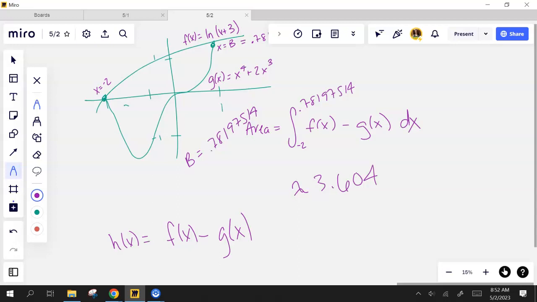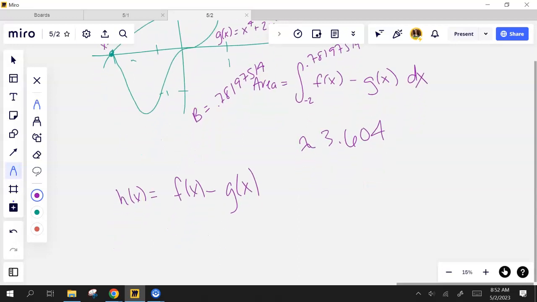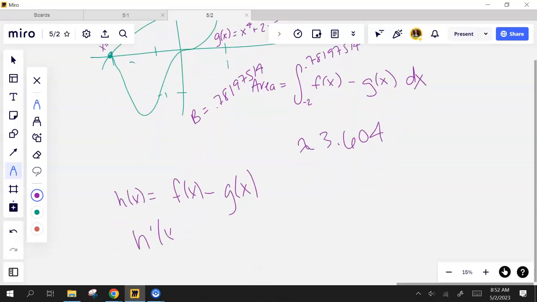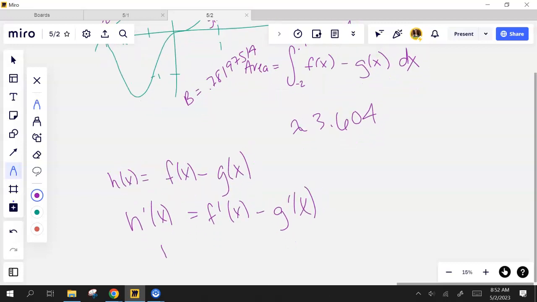So to know if it's increasing or decreasing, I need to find a what? A derivative. So I need the derivative of h, which since I'm subtracting, I just need the derivative of each one. But I need to find it at negative 0.5. Again, this is a calculator problem. Use your calculator. What happens?